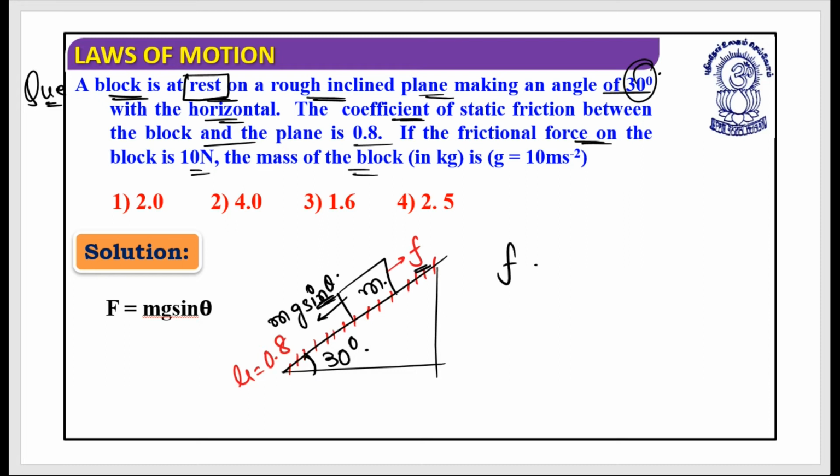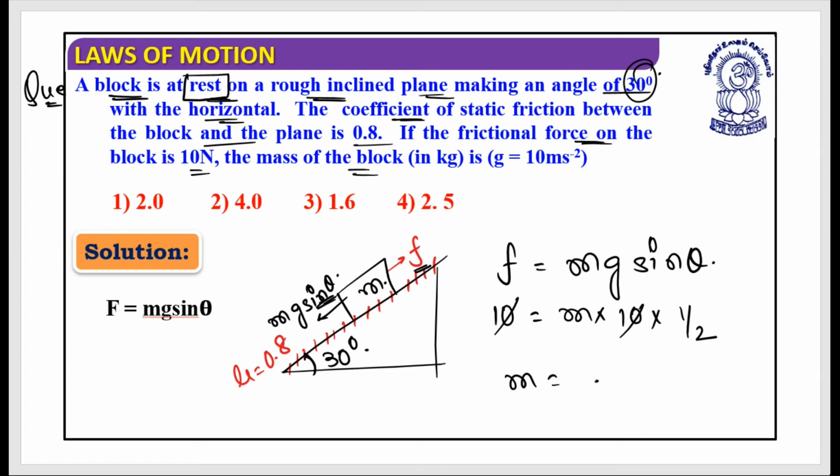So this friction should be equal to mg sine theta, and that is 10 Newton. The mass is required, g is 10, sine 30 is equal to half. So this goes, and the mass would be 2 kg. I hope this is clear.